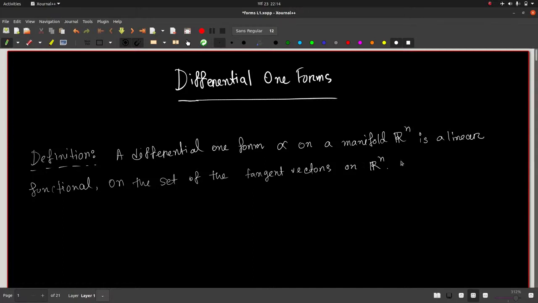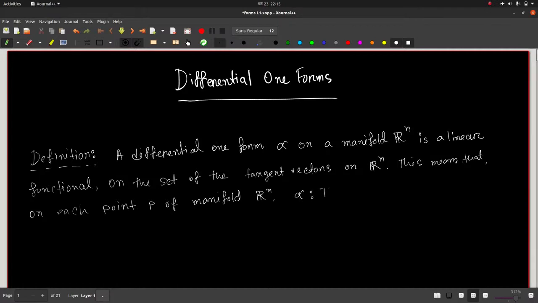This means that on each point, let's call that point P, of the manifold Rn, alpha is such a mapping that acts on the vectors on the tangent plane of the n-dimensional manifold and maps those elements of the tangent space, that means the tangent vectors, to a real number.